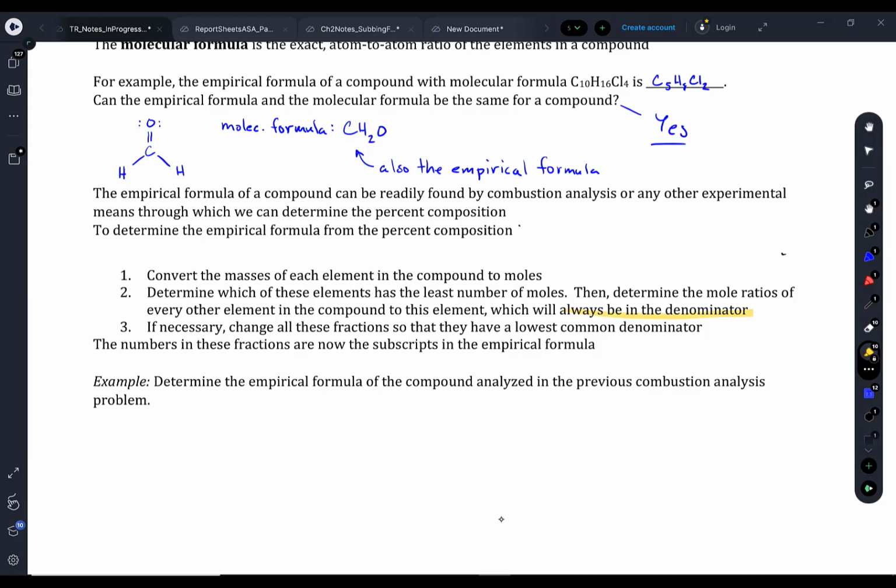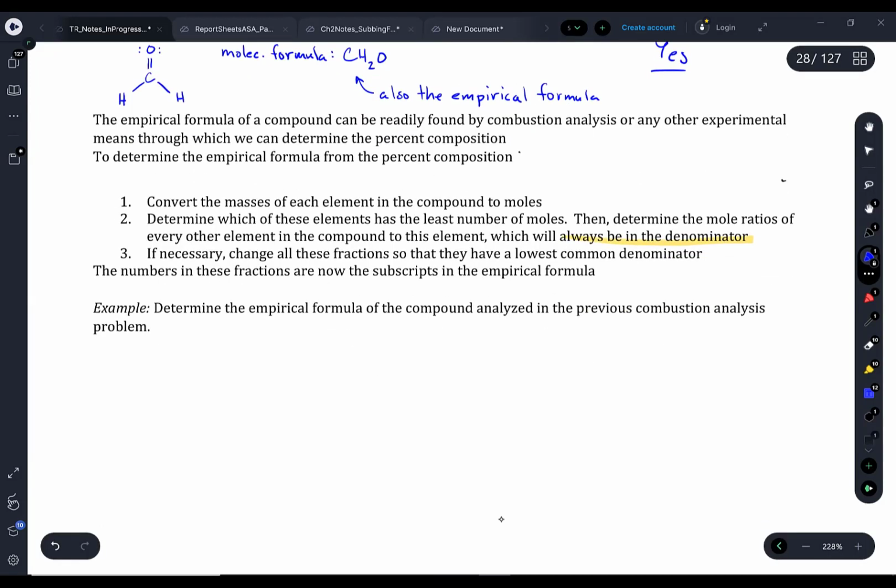Now, talking about this is kind of pointless, so it makes more sense to just do this as a problem. So I'm going to continue the problem that we just did, which was a combustion analysis, by taking the data that you were given and using that to calculate the empirical formula. So before I begin, I need the percent carbon, percent hydrogen, and the percent of oxygen from the previous problem.